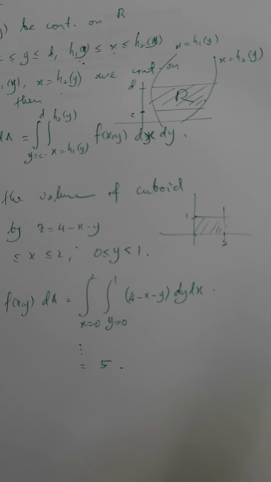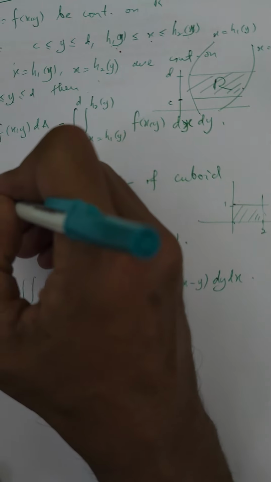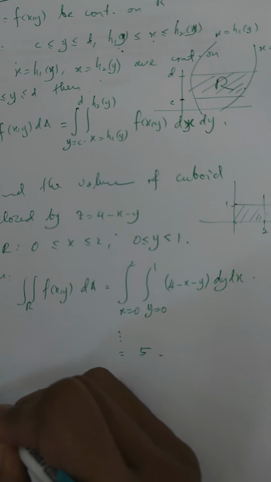And then we may consider another example where R, let's say this is 1, let's say this is 2.